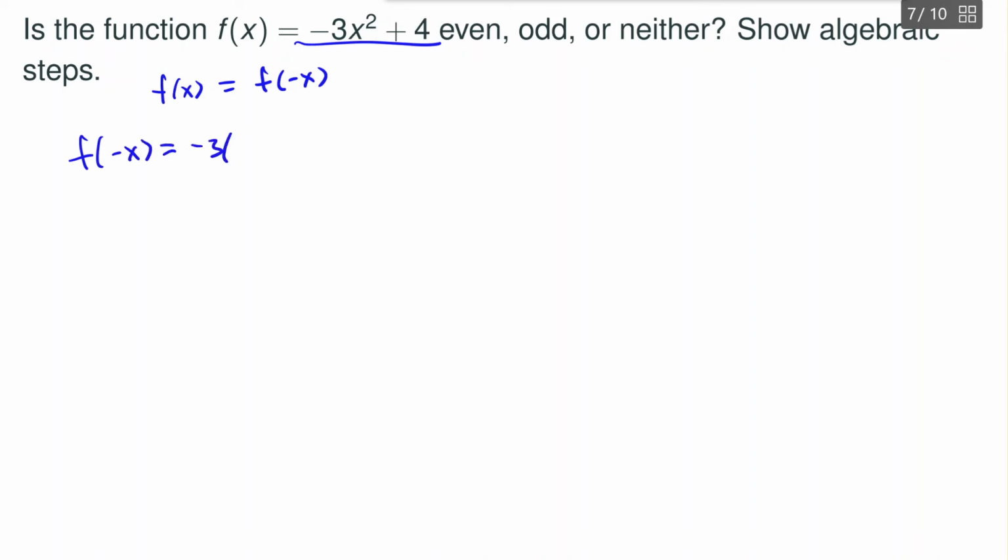We'll get negative 3 times negative x squared plus 4, which simplifies to negative x times negative x is positive x squared, so negative 3x squared plus 4. This is the same as f of x. Therefore, it is even.